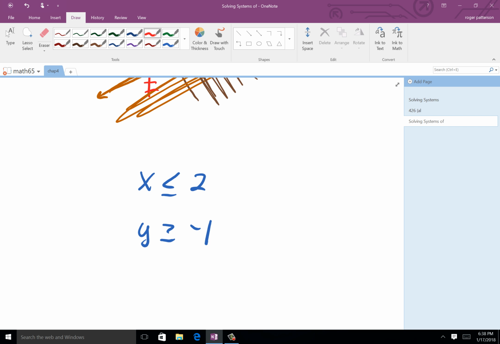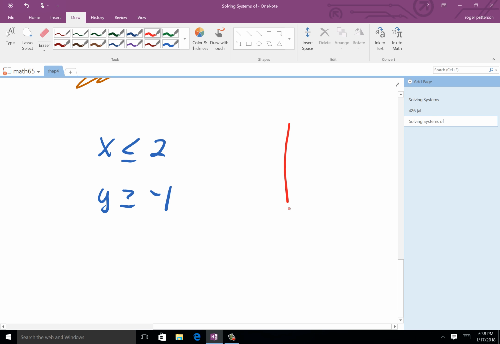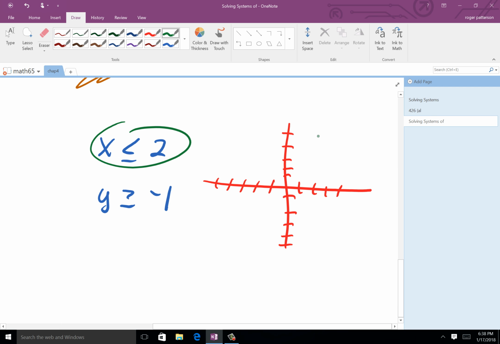If they have something like that, then we'd have x is less than or equal to 2. So x equals 2 right there. We'll do that one in green again. That's going to be a solid line right through 2.